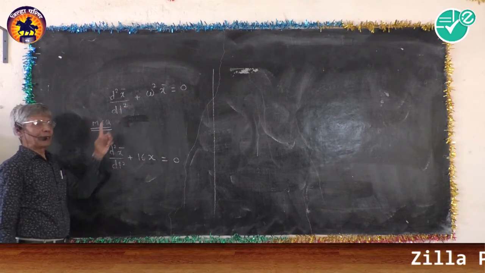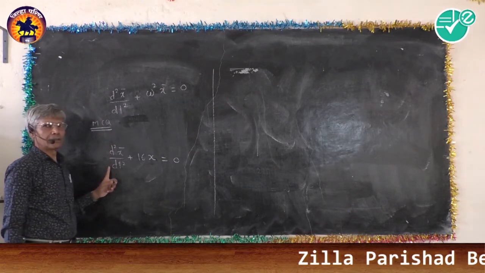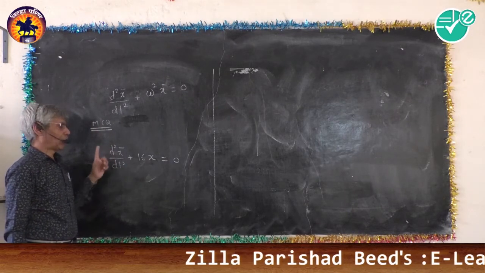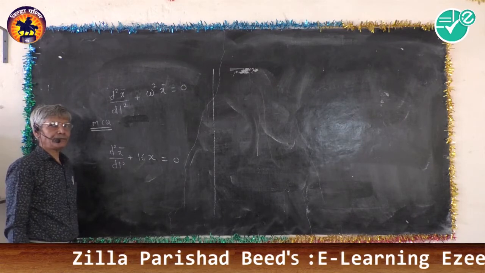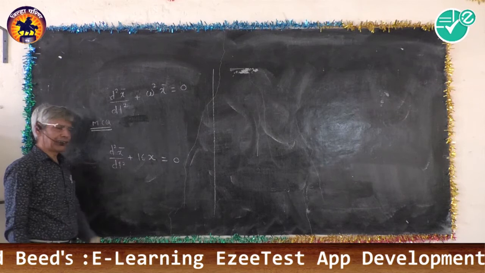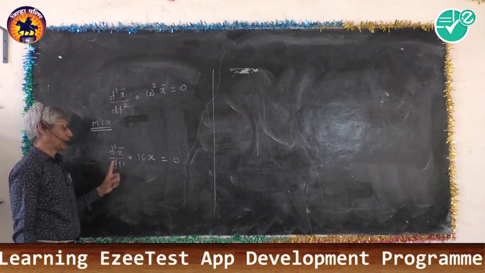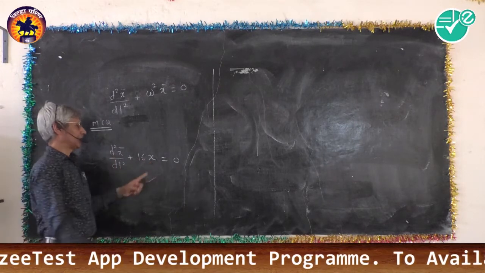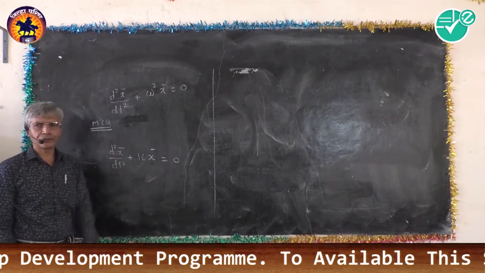This can be used to prepare a question like this. Suppose this particle is performing linear SHM, and this linear SHM is represented by the differential equation d2x by dt2 plus 16x is equal to 0.